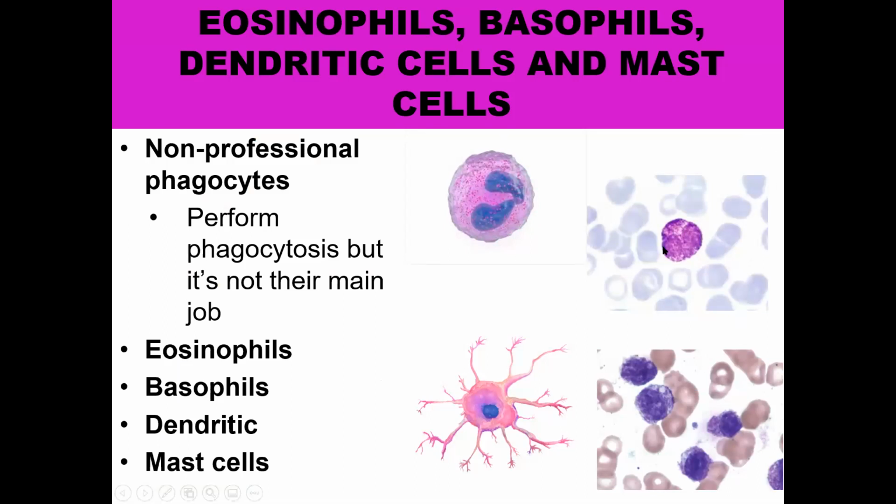Basophils, we have talked about basophils being active in allergies. We're also going to see that basophils and their cousins, the mast cells, are active in producing inflammatory chemicals to help the inflammation process.